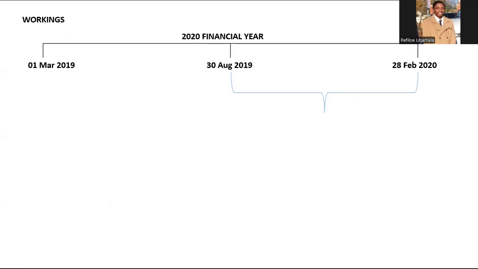So when we depreciate it, because they said we depreciate on cost, we will take 1.5 million times the depreciation rate of 20% times 6/12, because it was only used for 6 months that year.